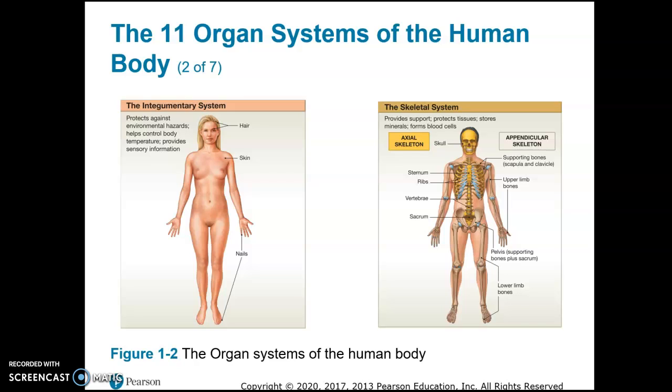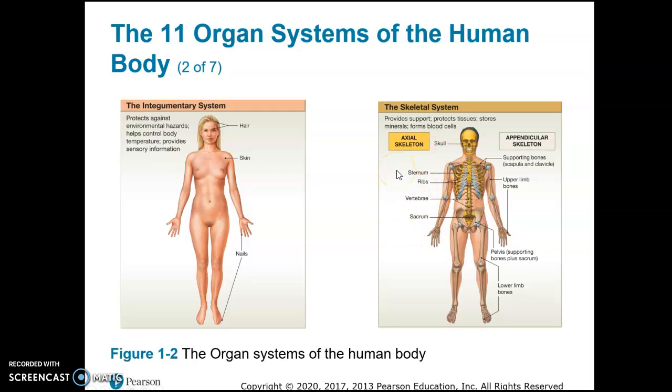So the appendicular skeleton consists of the bones of the arms and the legs, and it also consists of the bones that form your shoulder area and your hip area. That would be like the collarbone and the shoulder blades, and then your pelvic bones here. But we'll have a whole chapter where we learn the bones.